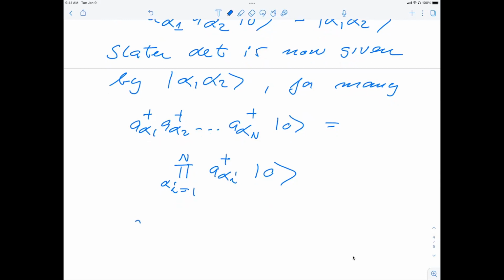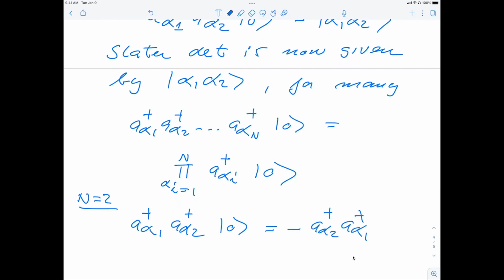So which means that I have to have a alpha 1 dagger, a alpha 2 dagger, so let's restrict ourselves to the two particle case, acting on 0. So this has to be the same as minus a when I interchange particle 1 and particle 2 here. So this is the way we are going to bake in the anti-symmetry.